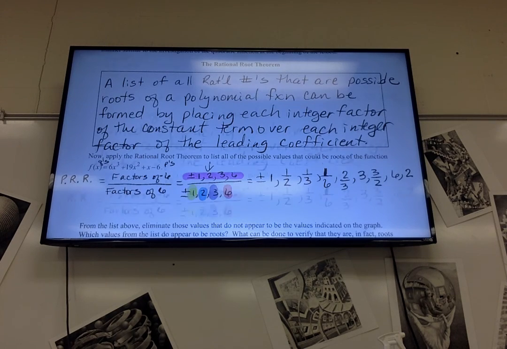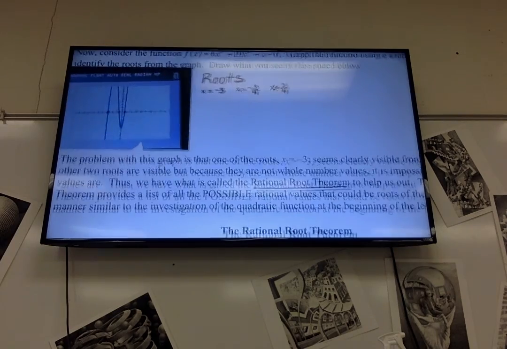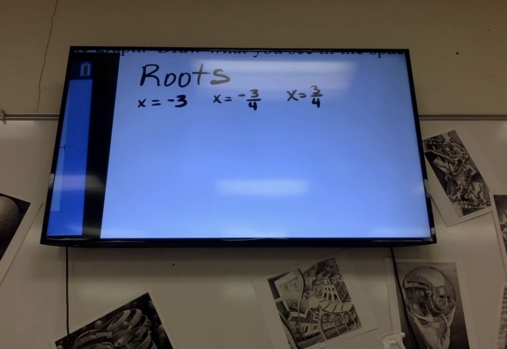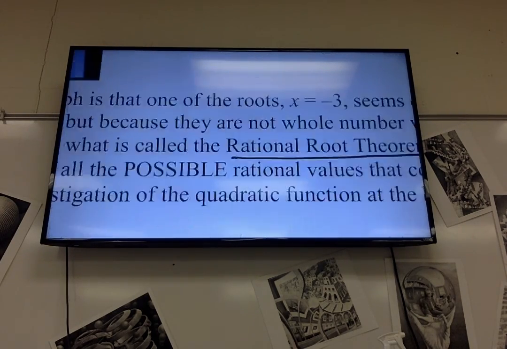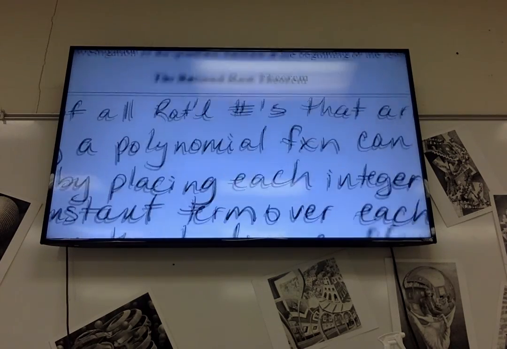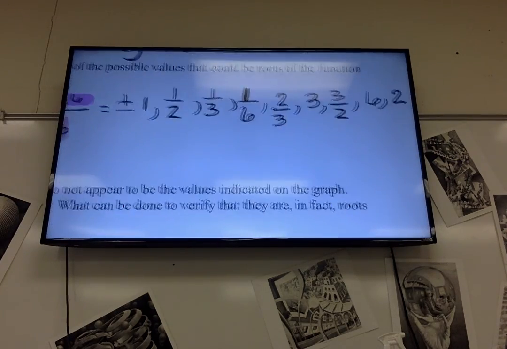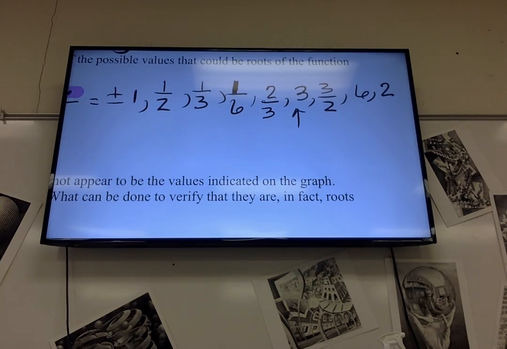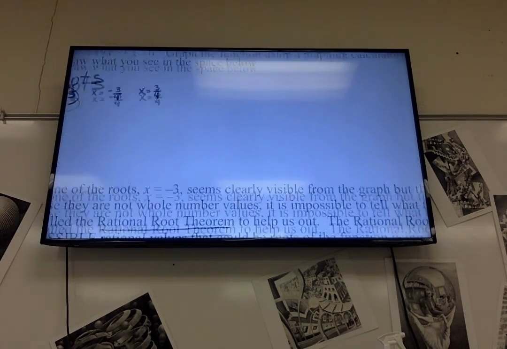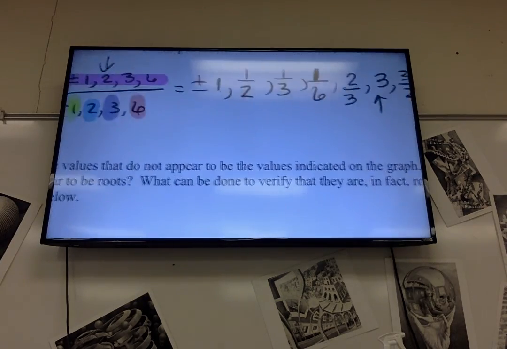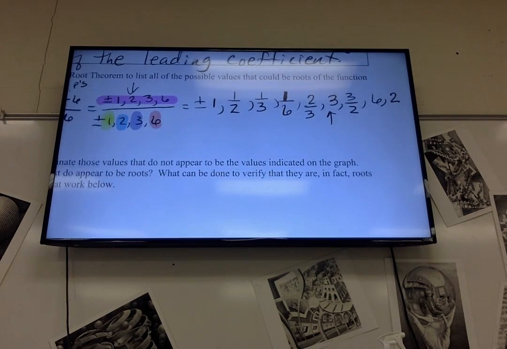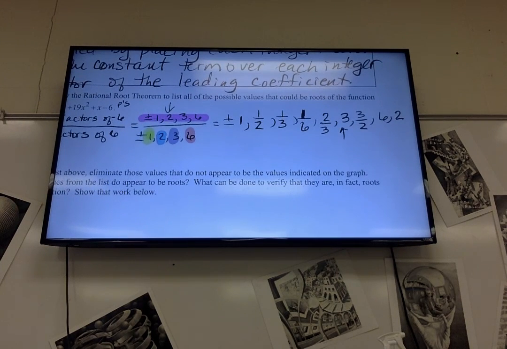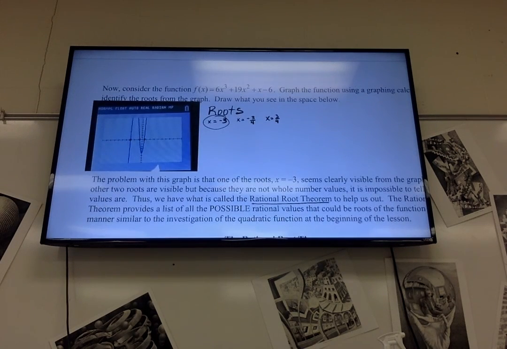So I know that -3 was a definite. And notice it's right there. The next one we said was -3/4. What do you think is closest to -3/4? 2/3. Yeah, 2/3.